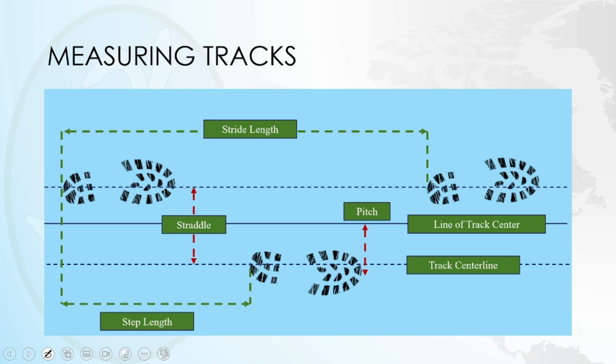If we look at the center line of the track, we talked about this earlier with determining direction of travel. There's a center line that's going to ride down the middle of all of these tracks, and there's a couple measurements that we want to take off of that. If we take the center line of this specific track versus the center line of this track, this distance in between is called the straddle.